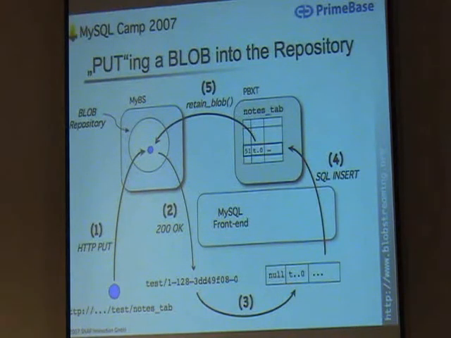The way it happens, if you're storing a blob in the repository, is like this. The first thing is you upload the blob to the repository. That's step one, with HTTP PUT.